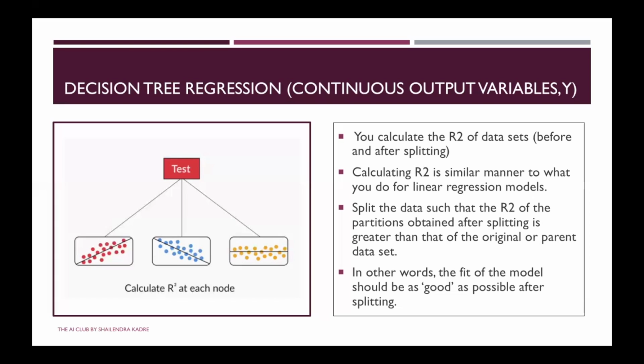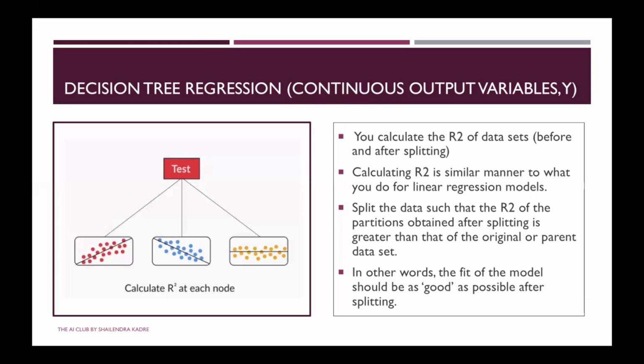Split the data such that the R2 of the partitions obtained after splitting is greater than that of the original or parent data set. So we will calculate the R2 of the child nodes as well as the R2 of the parent node.